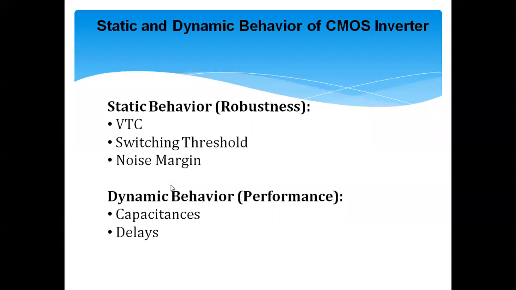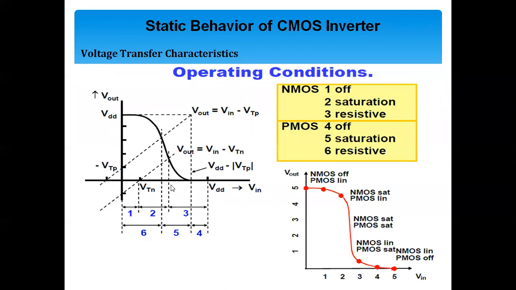How to analyze the dynamic behavior, so that its performance can be estimated? To analyze the dynamic behavior, you first have to study the different capacitances and delays. So this is the static and dynamic behavior. Now first we will study the static behavior of the CMOS inverter.